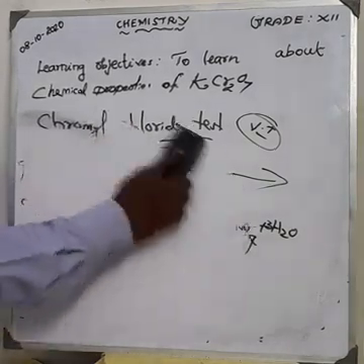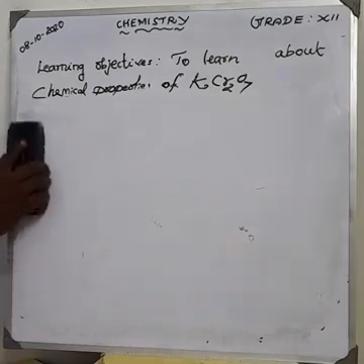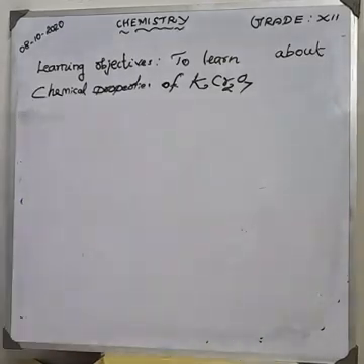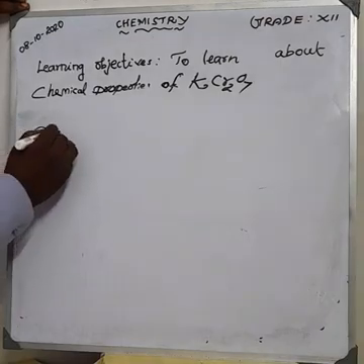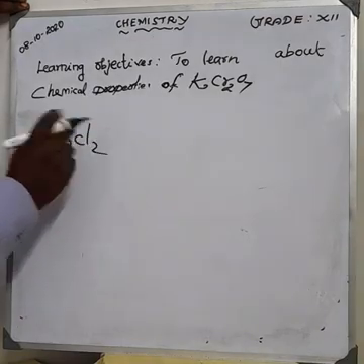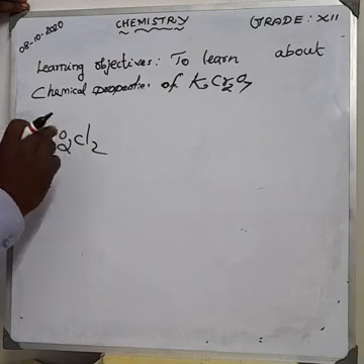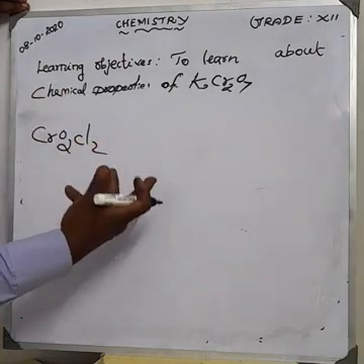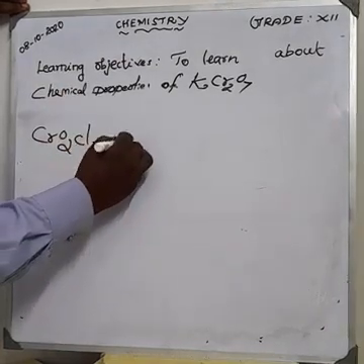What is the equation? Here, the chromate chloride formula is CrO2Cl2. This chromate chloride reacts with sodium hydroxide.